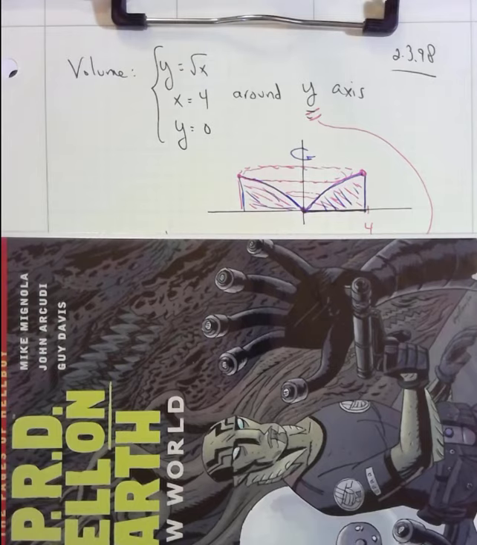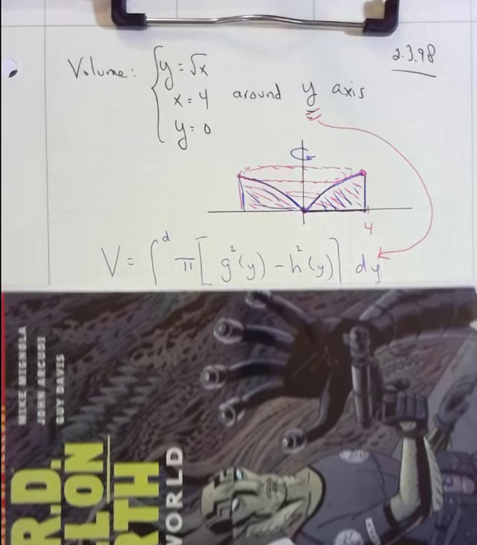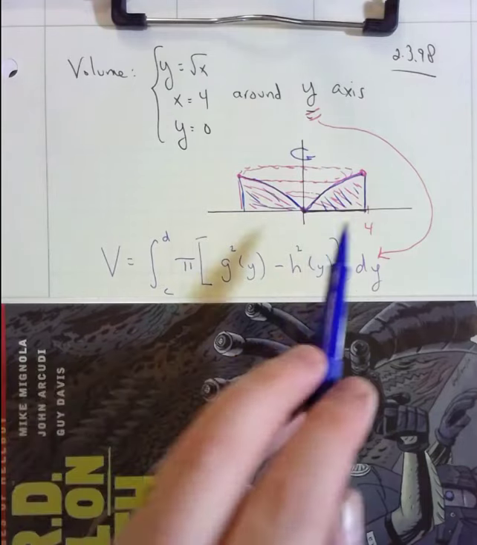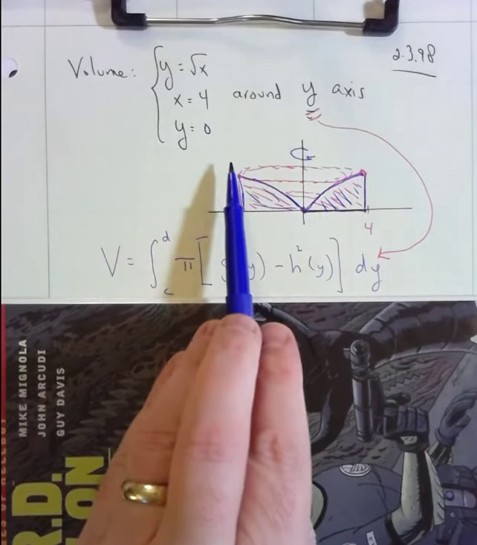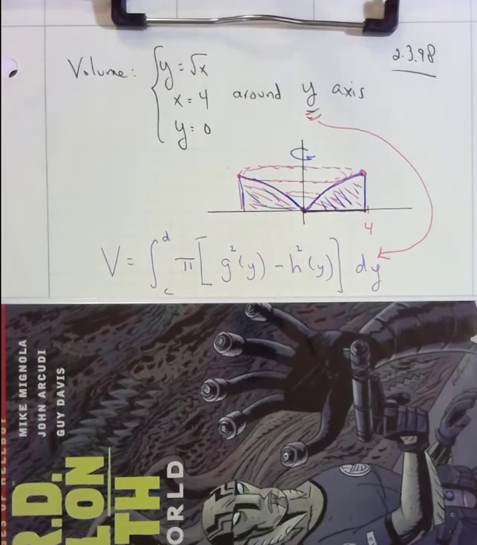Now, like with the surface area calculations, the axis of revolution dictates the variable of integration that you have to use. So since this involves the region between two curves, the outer curve, which is just this x equals 4, remember that's going to spin out of the page and into the page and back around. It's going to make that large cylindrical outside part of this volume.